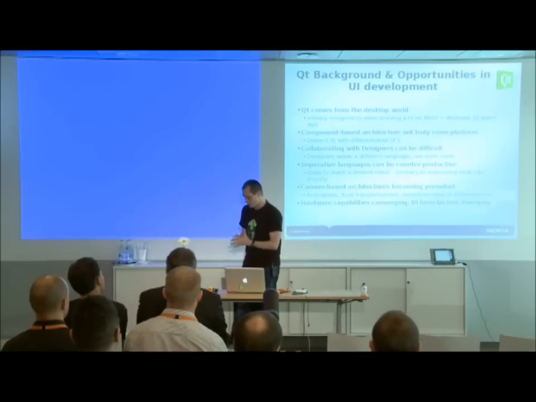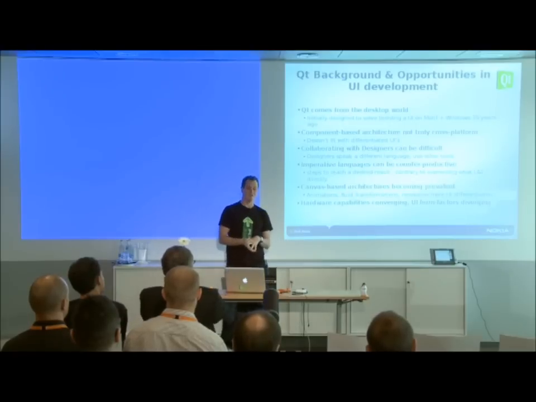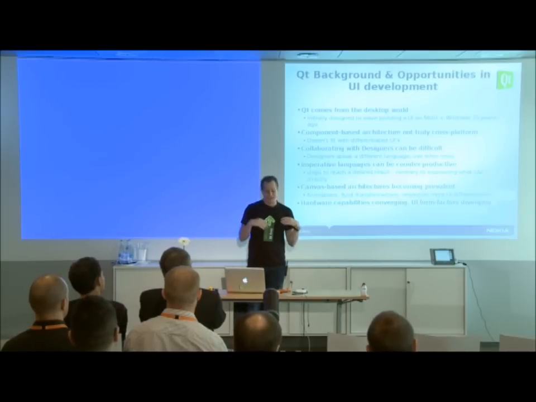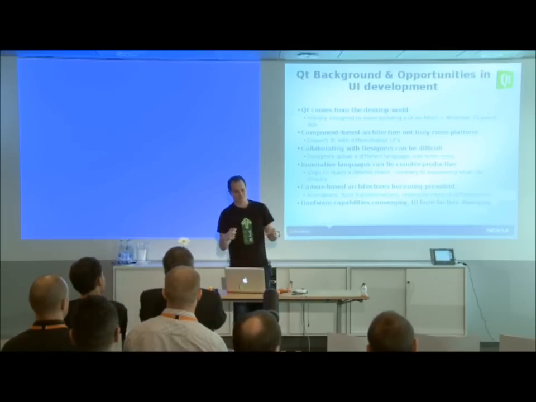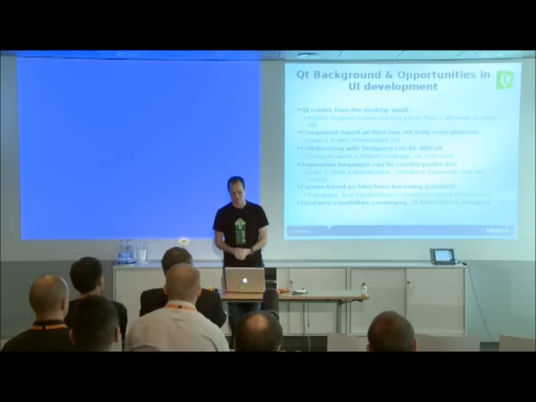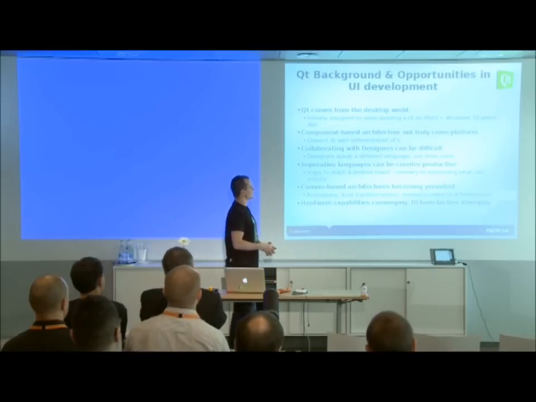So as I said, Qt comes from the desktop world. It was initially designed to build a UI on top of Motif and Windows 15 years ago. So at that time, having something on a 7 inches or less screen was not in the mind of people. Also, it's a component-based architecture.